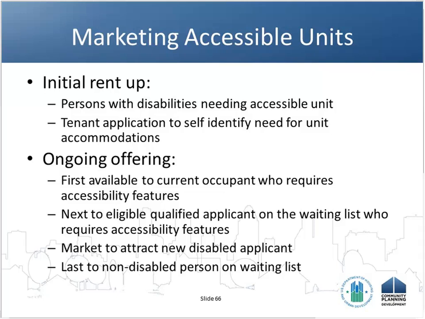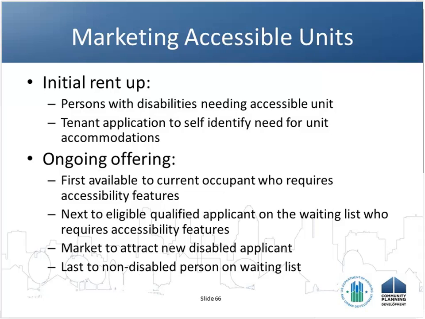That would be part of our standard tenant information, but that will also be useful later as we are re-renting these units and might be looking at existing tenants. So we're not going to make that decision ourselves. We're going to ask the tenant to provide that information about the need for an accommodation.